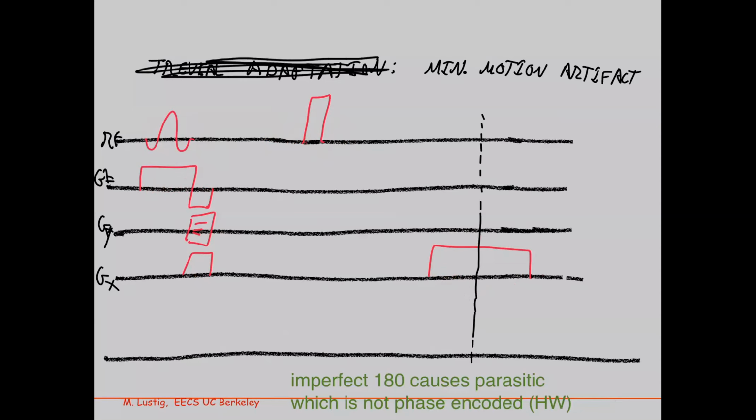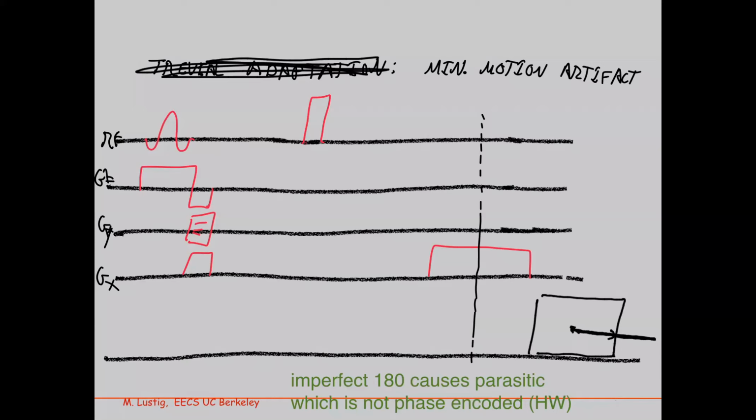So for those spins, it's like we're just going from the center of K space and collecting this data. Actually, we're collecting a little bit more because there's no rewinding. That's what really happens.